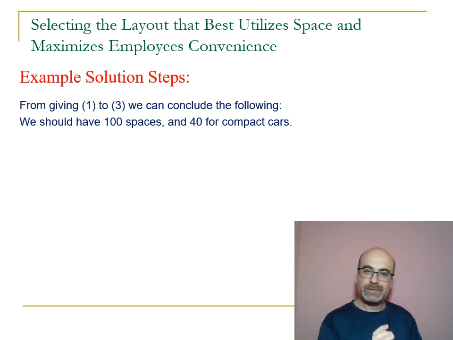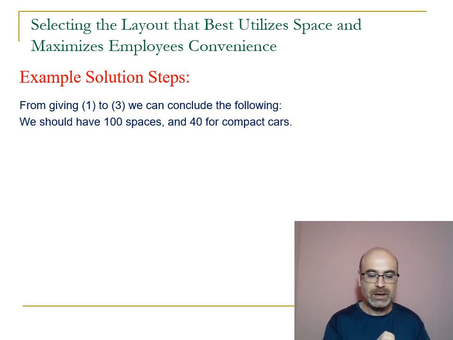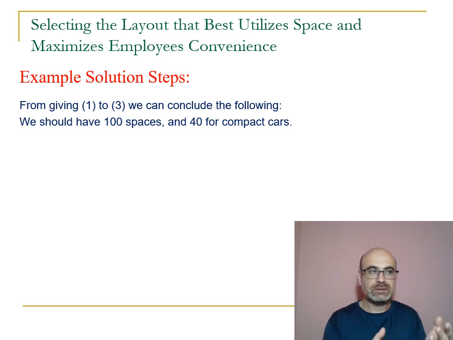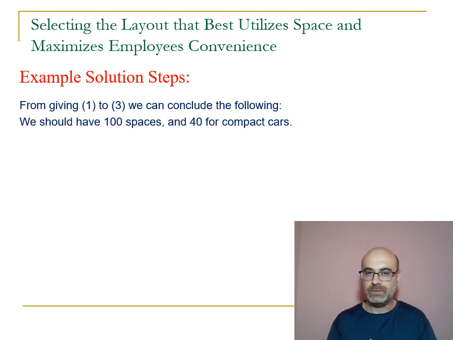But again, be careful. Initially, in the earlier slides, I told you that sometimes we allocate 1 parking space for 1.25 employees. And I told you why we allocate 1 space for 1.25: because maybe each day, not every one of these employees is coming to work.